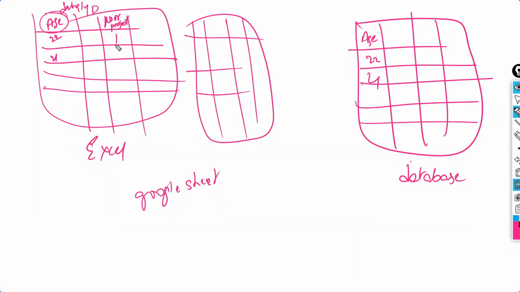Student 2 has written 2 projects. Student 3 has done 1 project, and at the same time he has edited student 1's entry to 10 projects. After the editing is done, I open this Excel sheet.